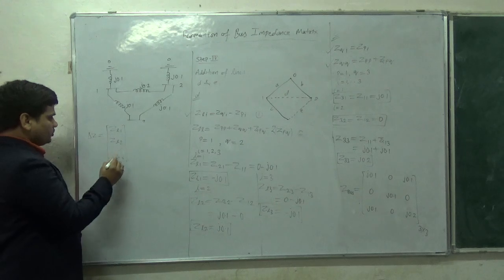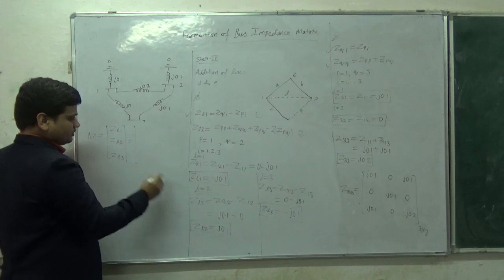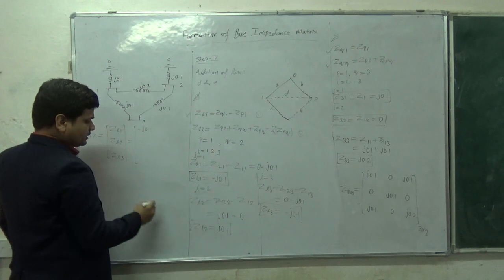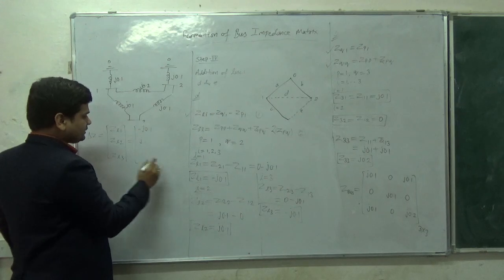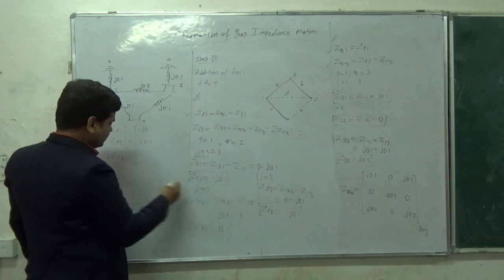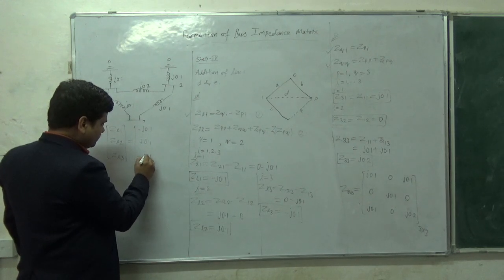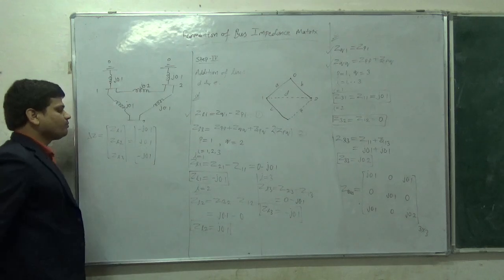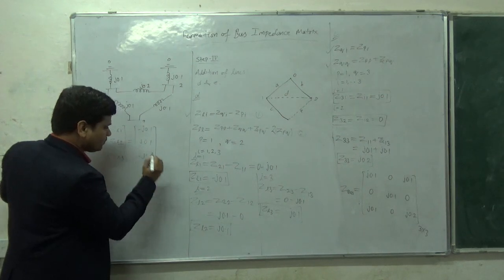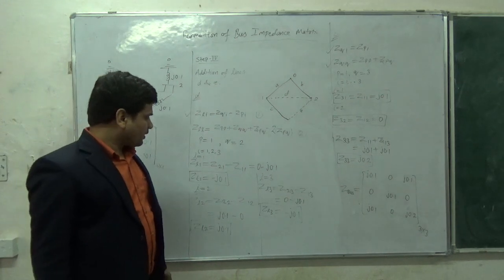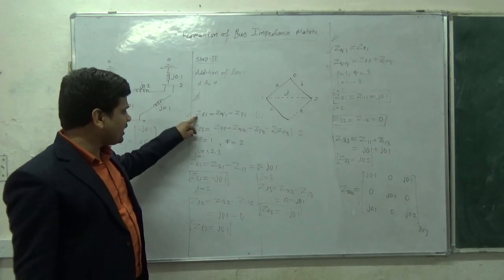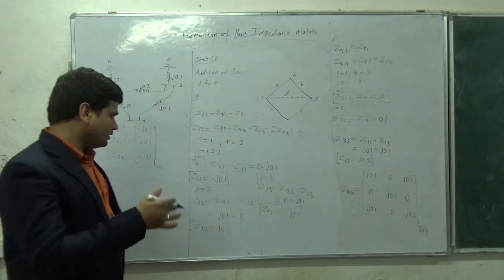So you can write del Z as ZL1 minus j0.1, ZL2 j0.1 and ZL3 minus j0.1. Since the dimension of this matrix is 3 cross 1. Now the next is formula number 2, ZLL. I will discuss ZLi and ZLL in the next step.